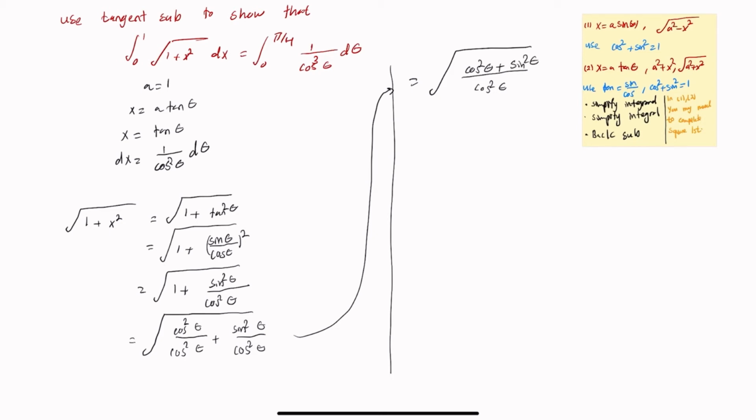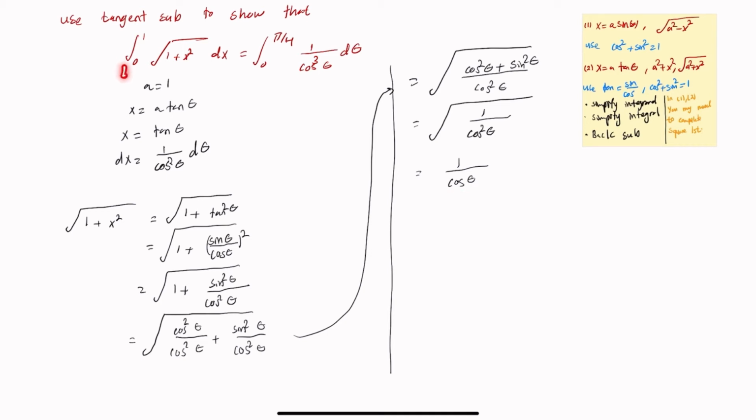Now, I'm going to use this identity here, which is cosine squared plus sine squared equals 1. So the numerator here is going to be equal to 1. Now I'm going to take the square root of the numerator and the square root of the denominator. The square root of 1 is just 1, and the square root of cosine squared of theta is just cosine of theta. Now notice that the integrand in here is going to be equal to 1 over cosine of theta.